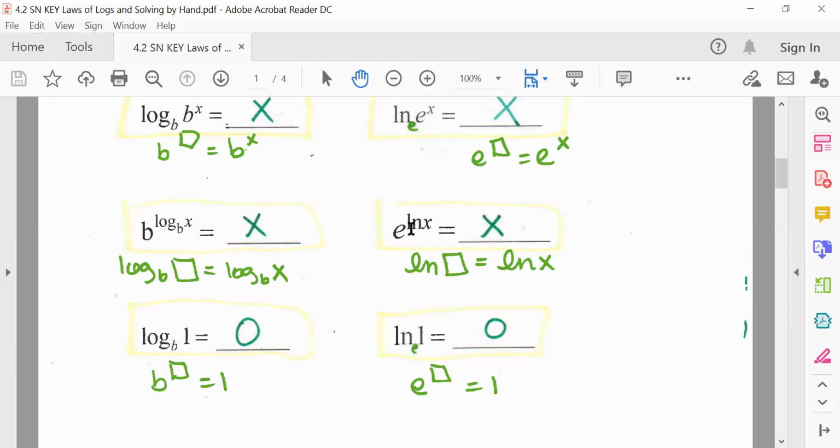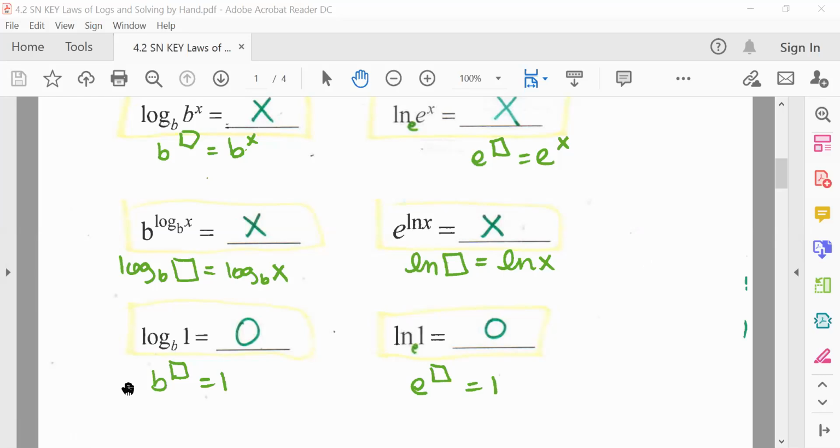E to the power of natural log. E and natural log will undo each other, leaving us with just the X. Good?